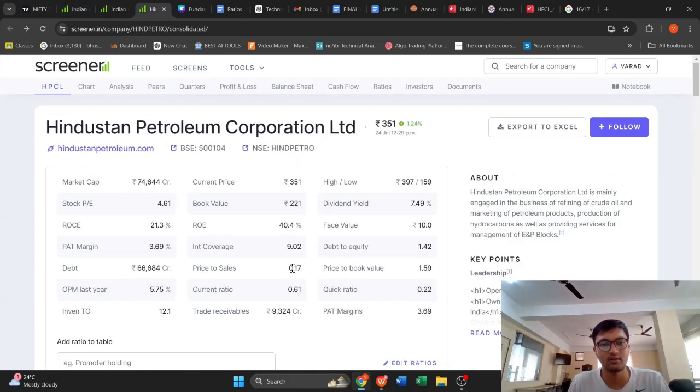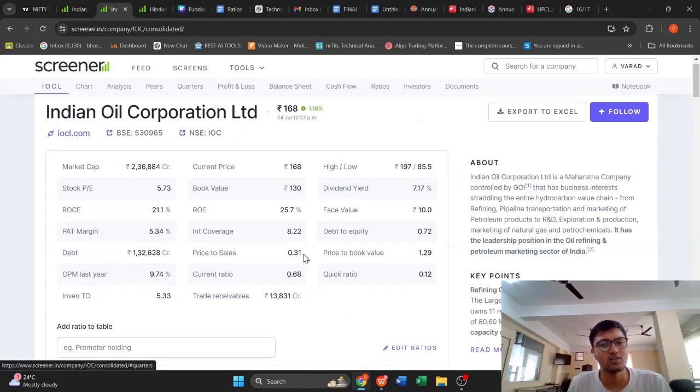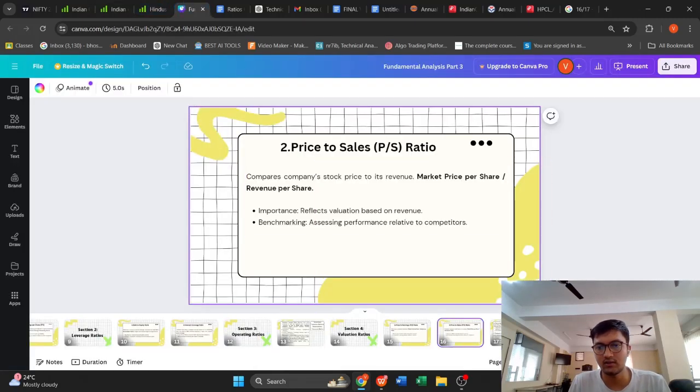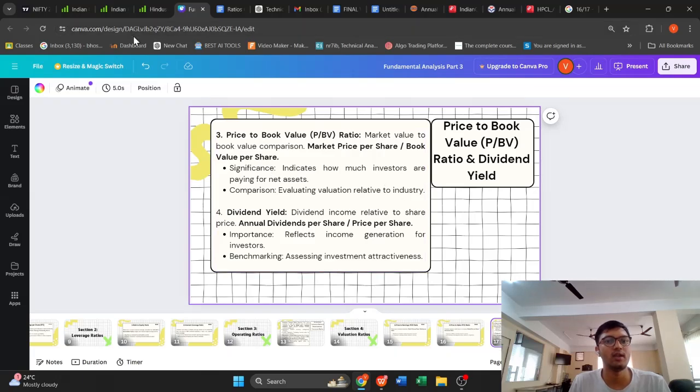Again, HPCL is better. You can see the company is fairly undervalued. The price of the share is not reflecting the sales the company is making. For any number below one, it justifies that the price to sales ratio is good. Another thing, price to book value.